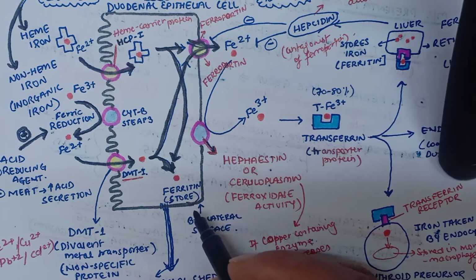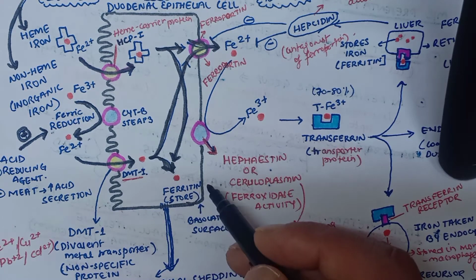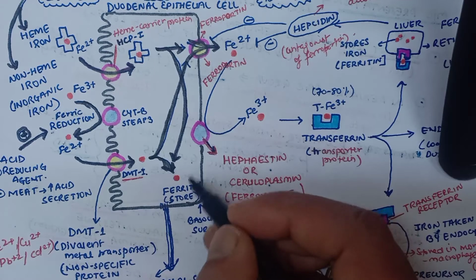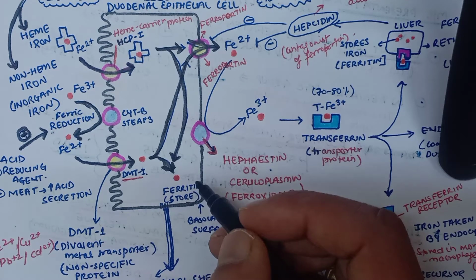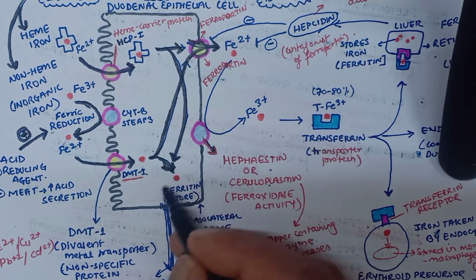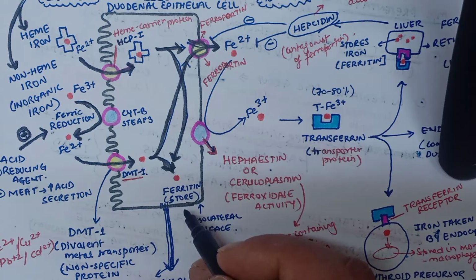So what is ferritin? Ferritin is a hollow spherical protein consisting of 24 subunits that potentiates the storage and regulation of iron level within the body. Iron is stored in ferric form, that is Fe3+, on the inside of the ferritin sphere.